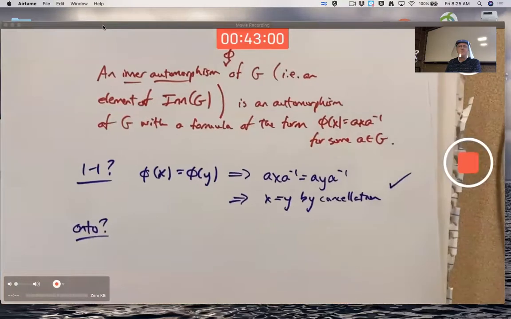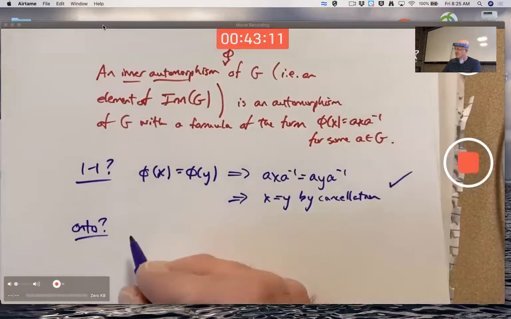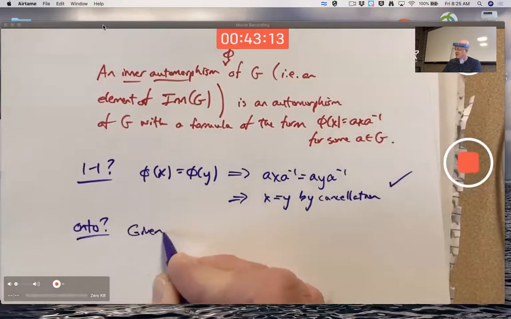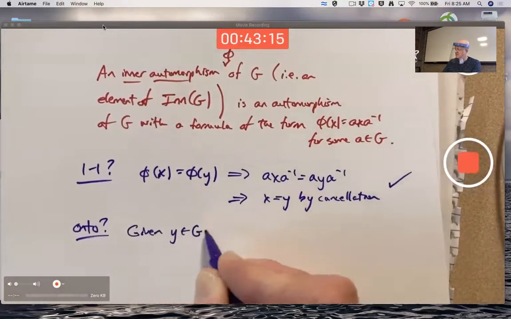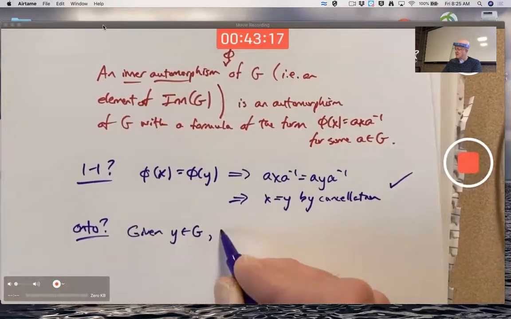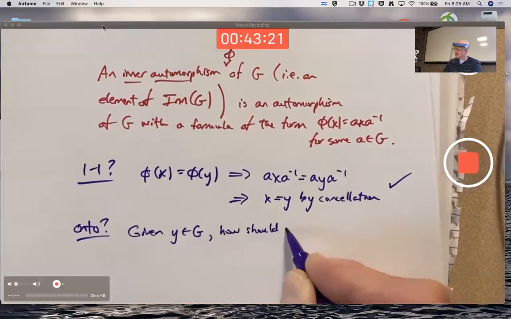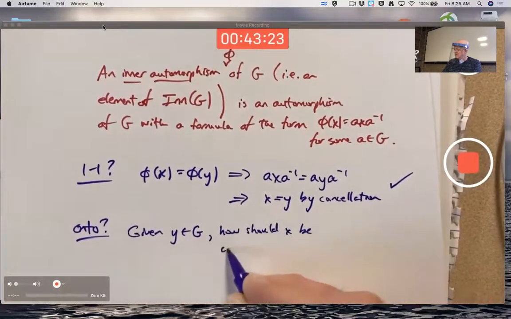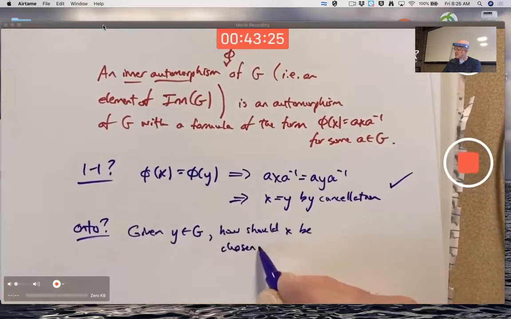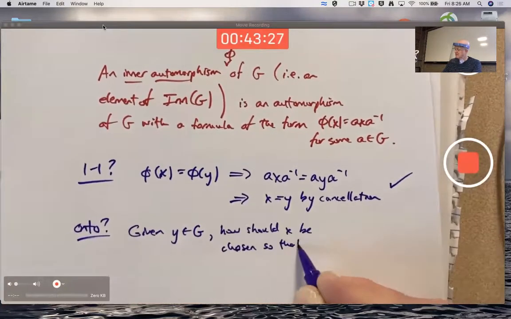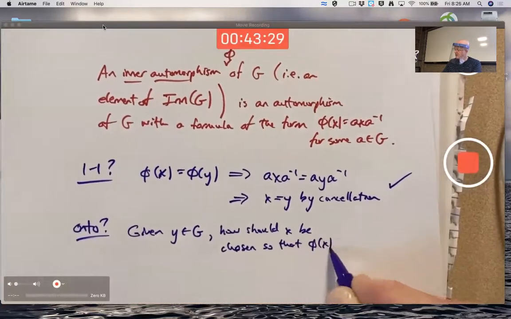Is it onto? Give me some y in G. What x gets mapped to y? Given y in G, how should x be chosen so that phi of x equals y?